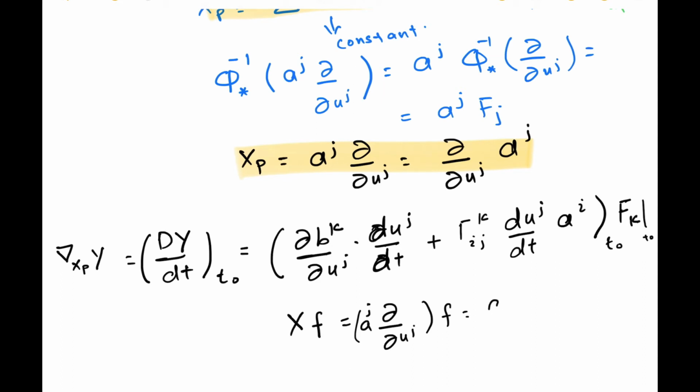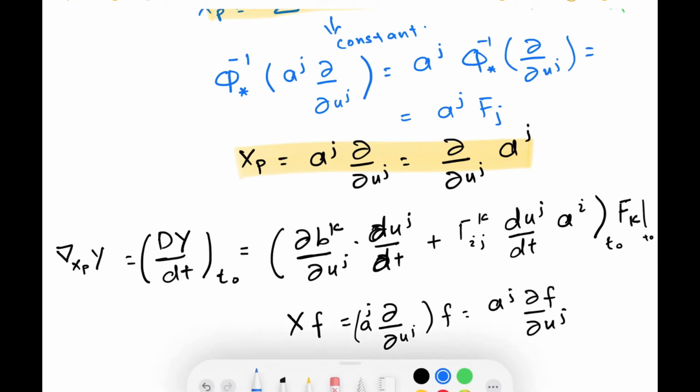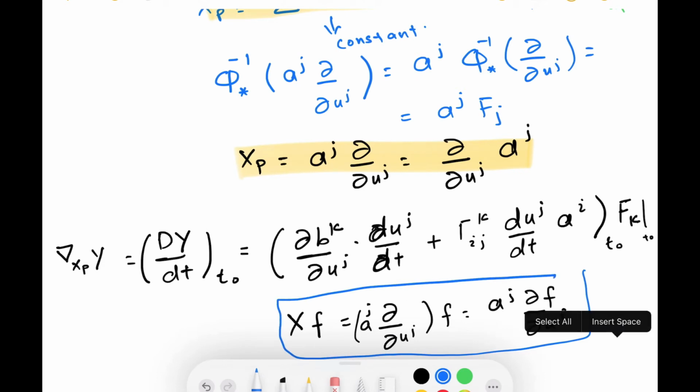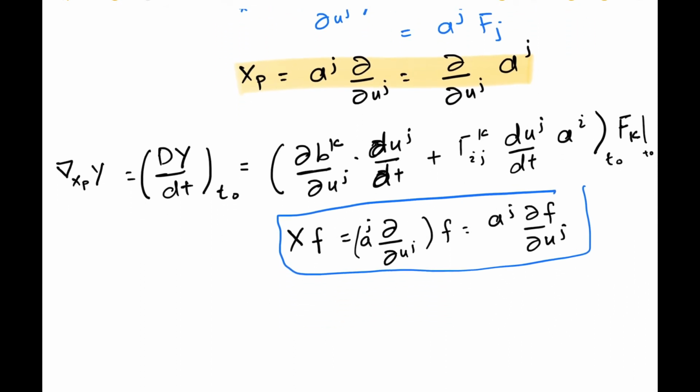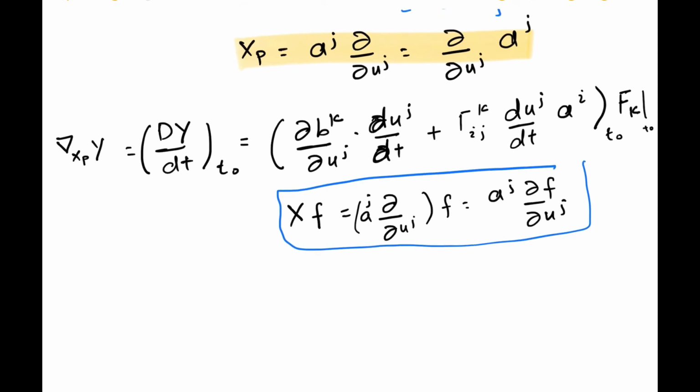This will become aj partial f partial uj. So we have this notation already. According to this notation, I can write del xp y in this manner.